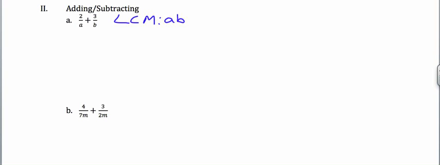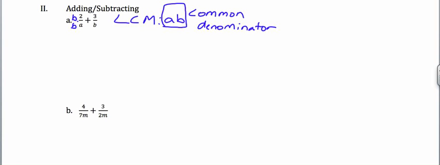This is going to be our common denominator, so we need to get both denominators to be that. If we want our first denominator to be AB, we need to multiply by just a B. The second one we multiply by A. And we get 2B over AB plus 3A over AB.